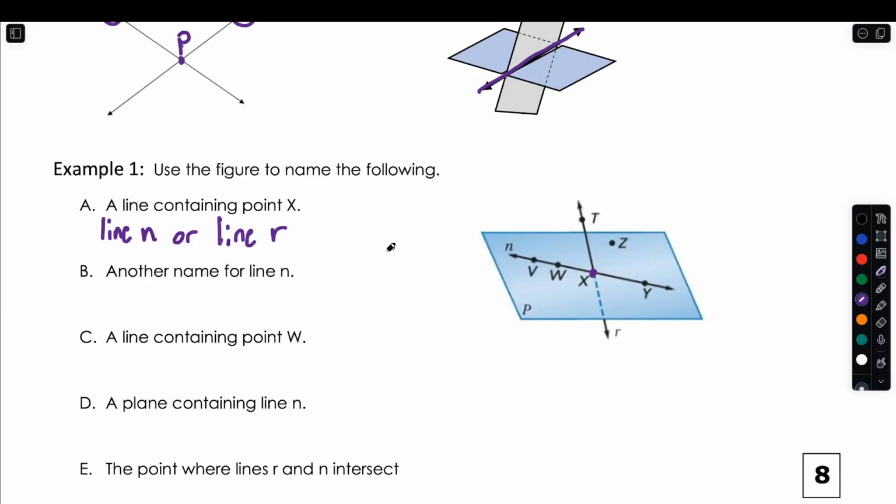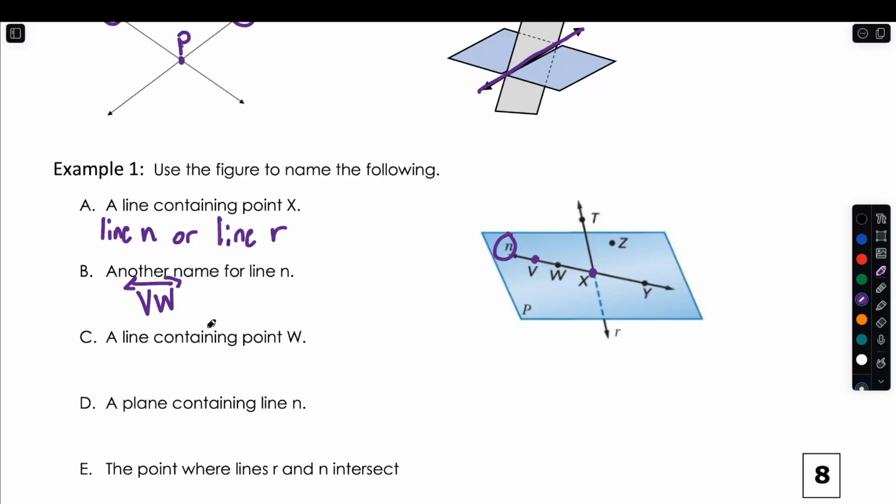Part B, another name for line N. If you'll recall, to name a line, we could either use the lowercase italicized letter or pick 2 points, maybe V and X, and use those 2 points to name our line.